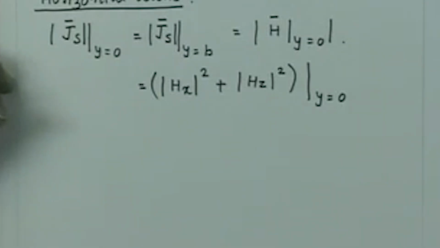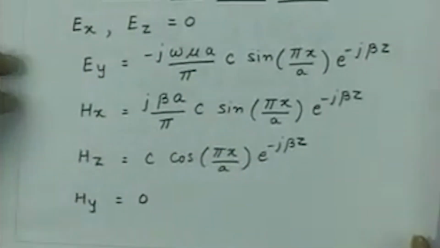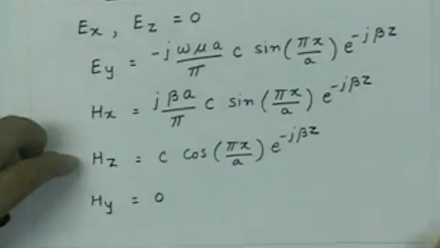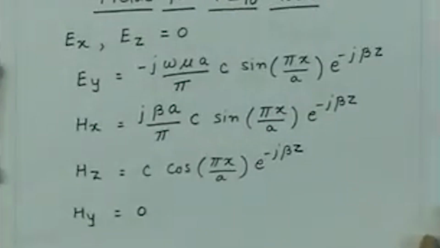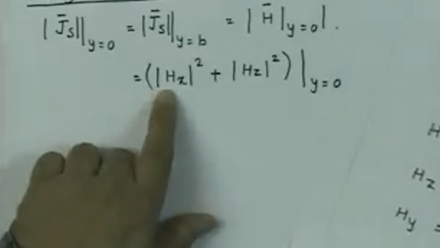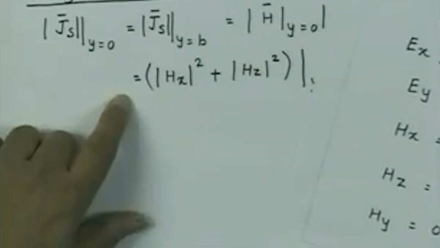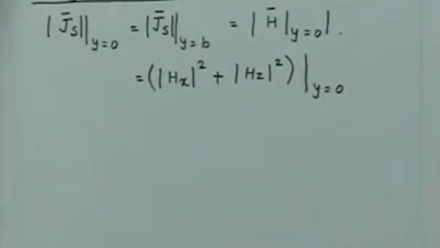So, from here we have the fields Hx and Hz. Since it is not varying as a function of y, the fields are same at y equal to 0 or y equal to b, or for that matter any value of y in this cross section. So, substituting this now for two components Hx and Hz, I can calculate the total surface current magnitude, and then we can calculate the losses in the vertical walls.